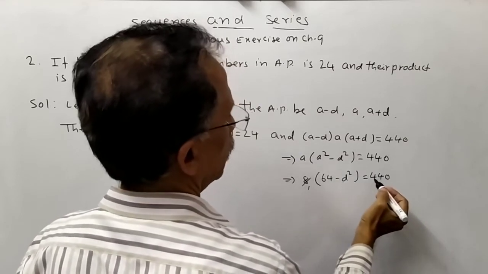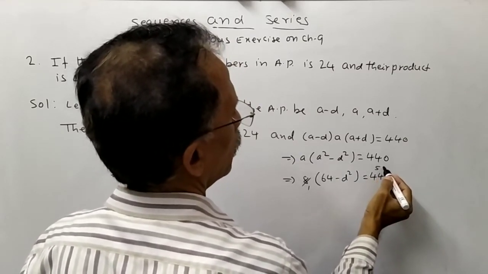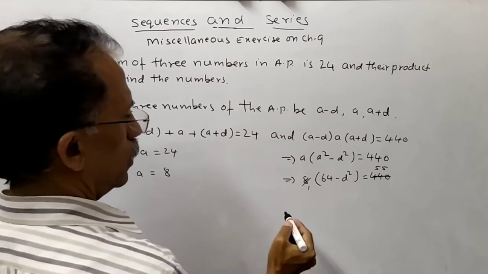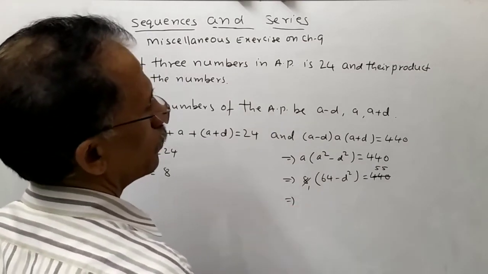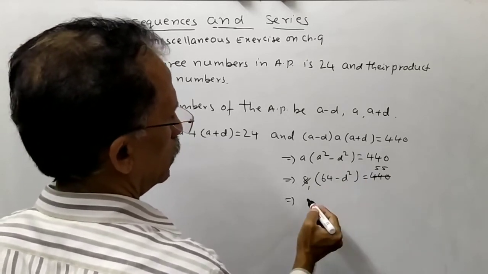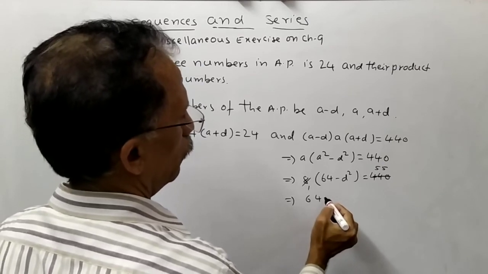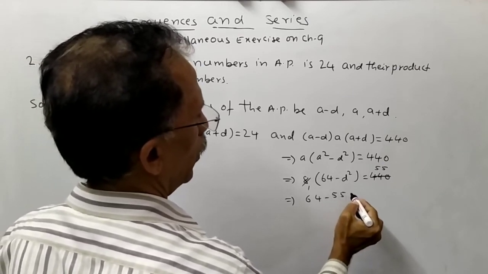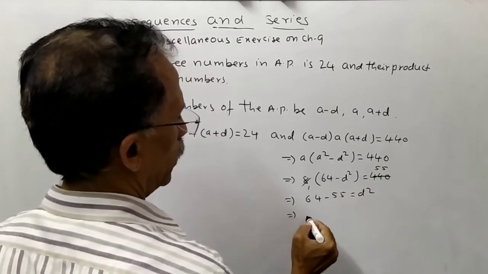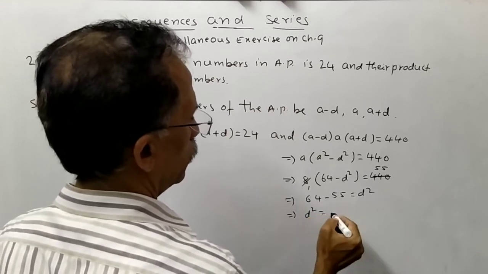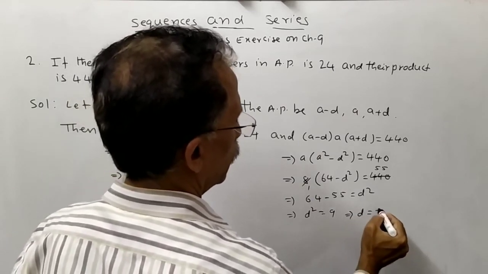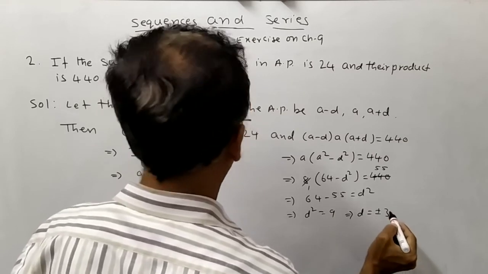We can cancel 8: 8 1 is 8, 8 5 is 40, and again 8 5 is 40. This implies D square, you can send that side, 64 minus 55 is equal to D square. This implies D square is equal to 9, D is equal to plus or minus 3.